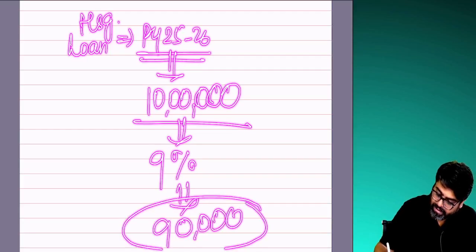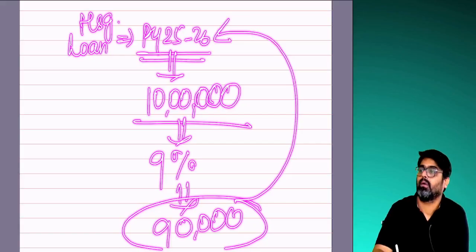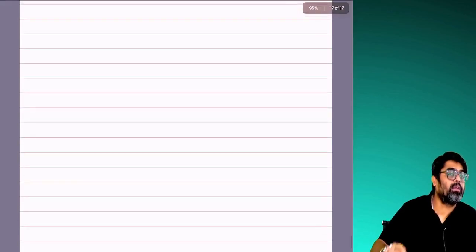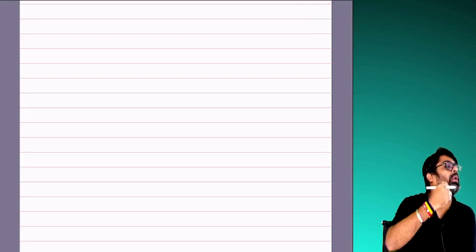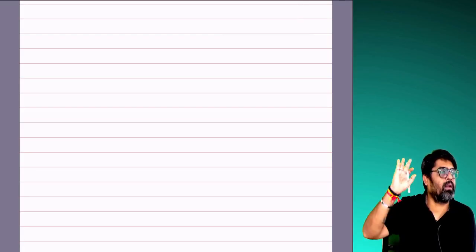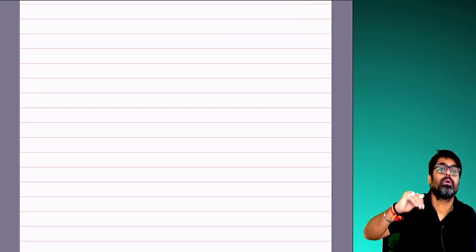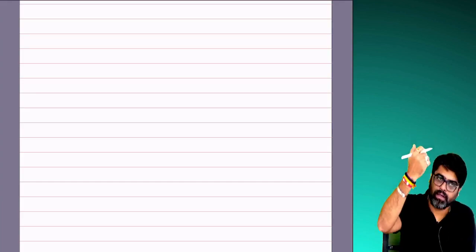This 90,000 is the interest which is due for 25-26. Now this 90,000, even if you pay in this year or it is payable, the entire 90,000 will be allowed as a deduction. Why? Because it is due for this year, it will be allowed as a deduction in this year.